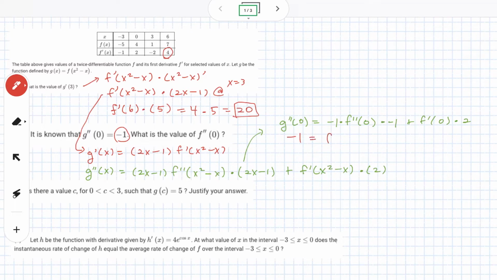And so if I do some replacement here with g double prime of 0 equals negative 1, this is negative 1 equals negative f double prime of 0 plus 2 f prime of 0.